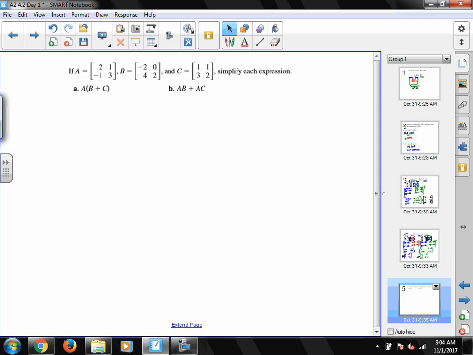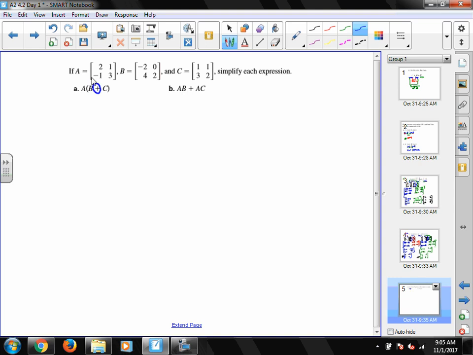This last problem, I'm not going to work all the way through it, but what we're saying here is in part A, we're going to multiply A times B plus C. So this one, what you want to do is pay attention to that addition sign right there.